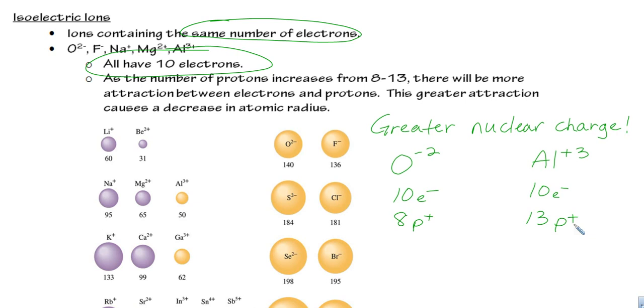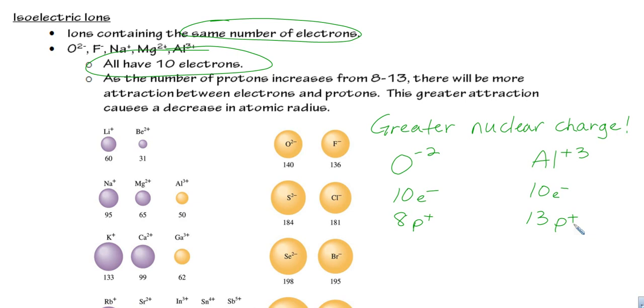Yes, aluminum has a bigger nucleus, but 99.9% of an atom's radius is the electron cloud. Somebody did a measurement one time, and it was like, the nucleus would be the size of a marble in the middle of a giant football stadium, where the rest of the stadium, that's the electron cloud.